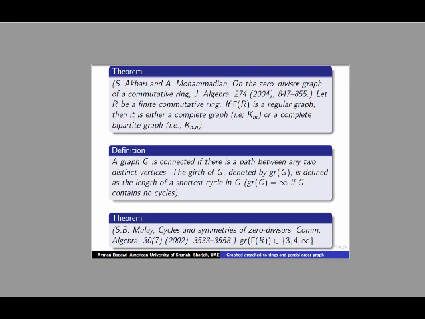Okay? So for the zero divisor graph, if it is regular, then it has to be complete or complete bipartite.